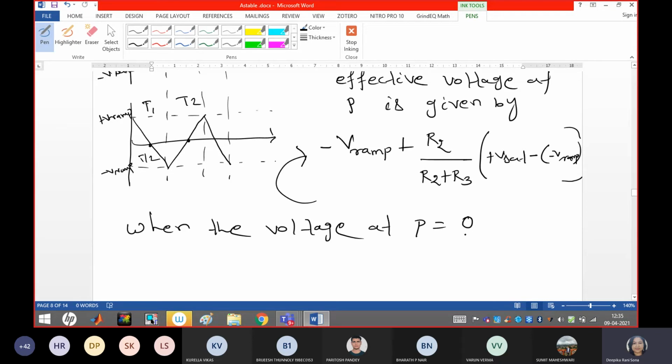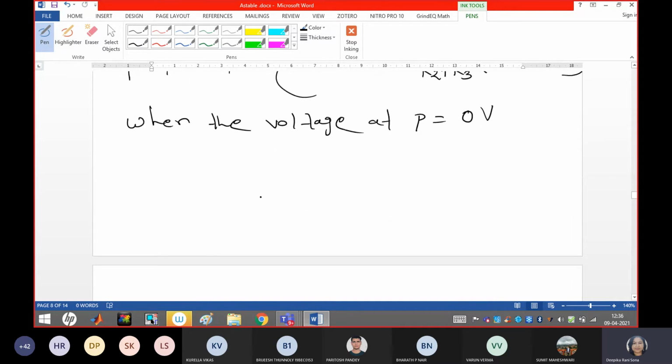So we will equate this voltage with this equation. I have to rewrite the equation here: minus of VRAM. Let's consider the voltage at point P is 0. But we have already written the voltage equation at point P, so we will equate it to R2 whole divided by R2 plus R3.